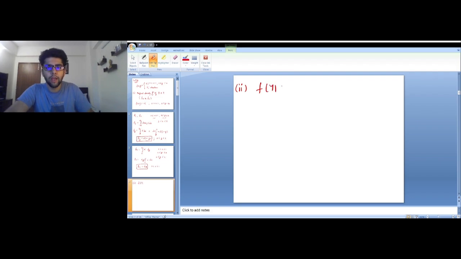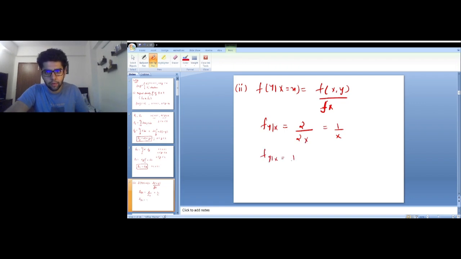Therefore what we need to find is f(x, y) divided by f of x, the marginal density of x, right? So we know that our f(x, y) is equal to 2. And we also found our f of x was equal to 2x. So my f of y conditional x will finally come out to be 1 upon x. So my f of y conditional x is equal to 1 upon x.